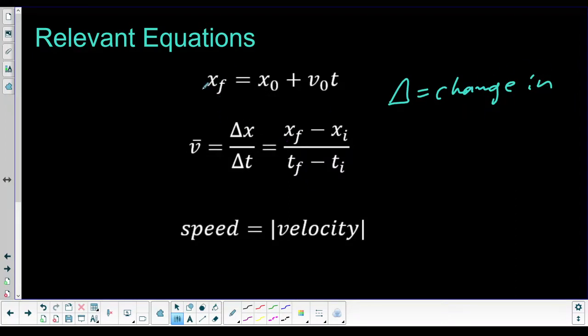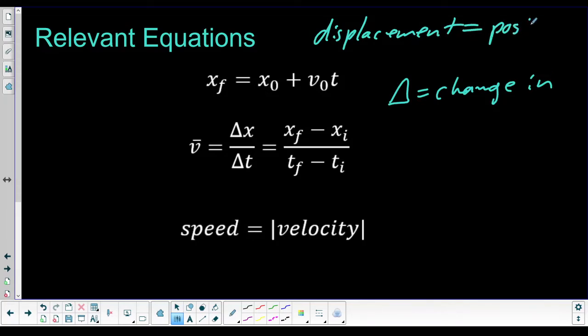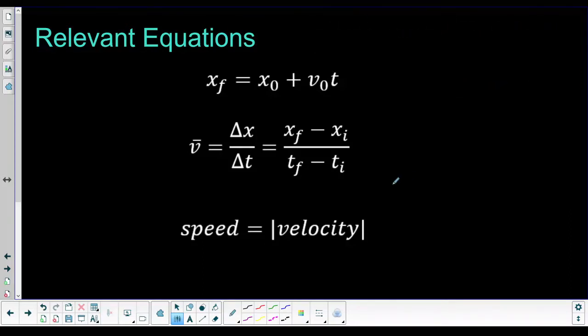You're going to notice that I use the word position for displacement a lot. They're more or less interchangeable. If you actually want synonyms, displacement is pretty much equal to position. That's not 100% true, but they're pretty interchangeable.